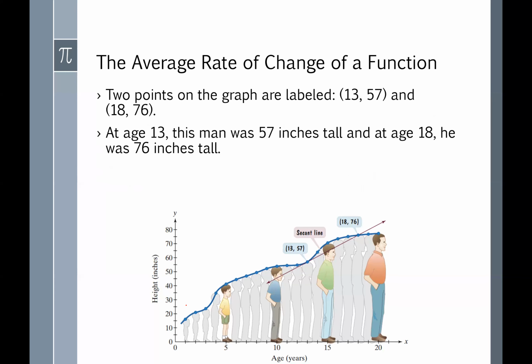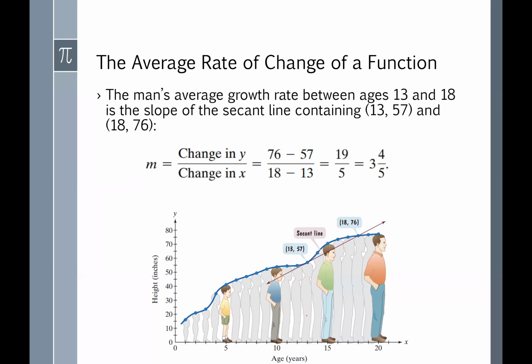So to do this, we find the change in y over the change in x. So at age 18, he's 76 inches tall. At age 13, he's 57 inches tall. So the change in his height, the y coordinate, is 76 minus 57. The change in his age is 5 years.